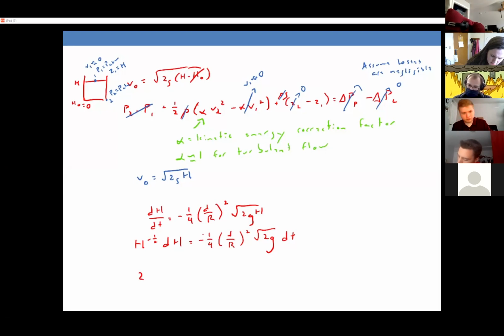2h to the 1/2 integrated from, okay, so we do this integral, and I'm going to integrate from 0 to t, and I'm going to integrate from h naught, which is what the height is at time equal to 0, to h, which is what the height is at whatever time. Okay.